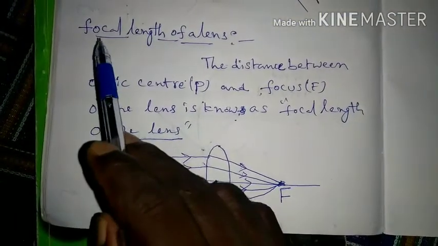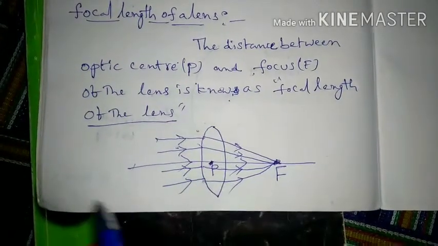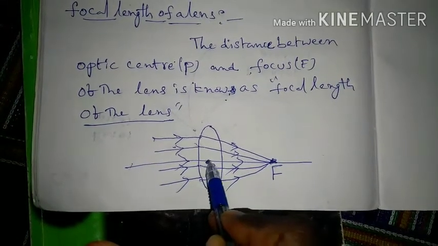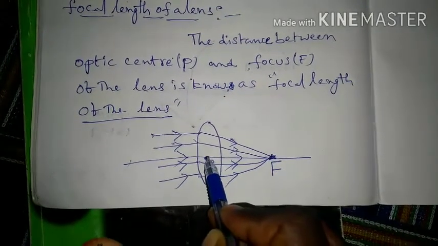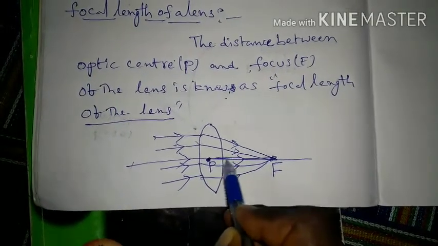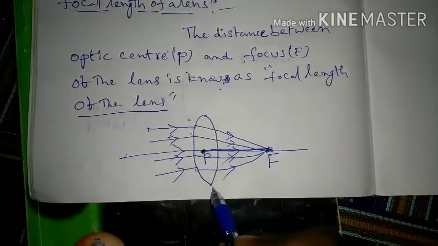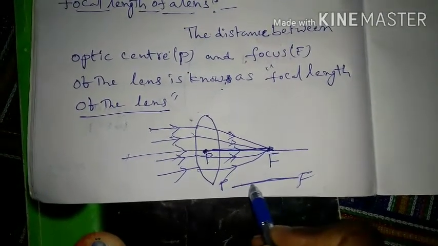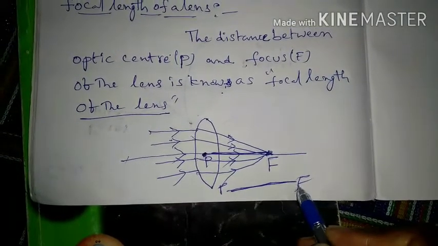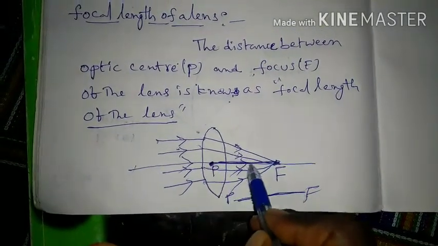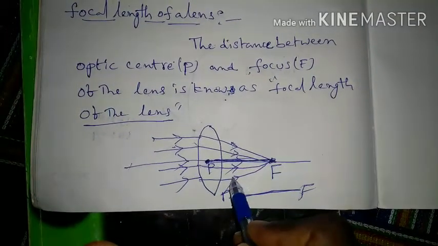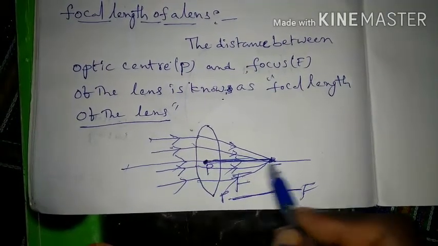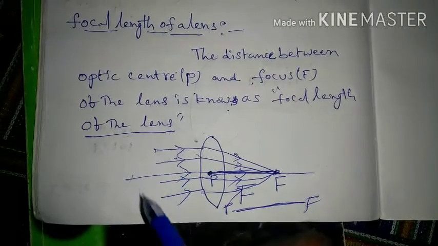Here, what is meant by focal length of the lens? The distance between optic center and focus is called focal length. P and F: the distance between P and F is called focal length. This is the explanation.